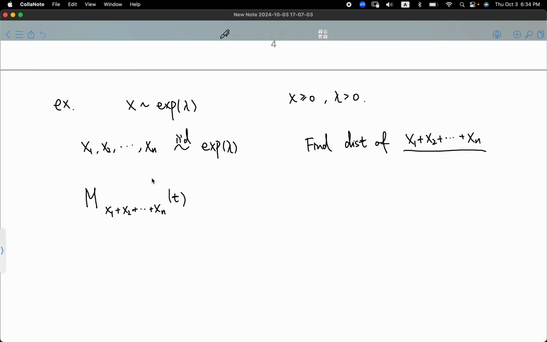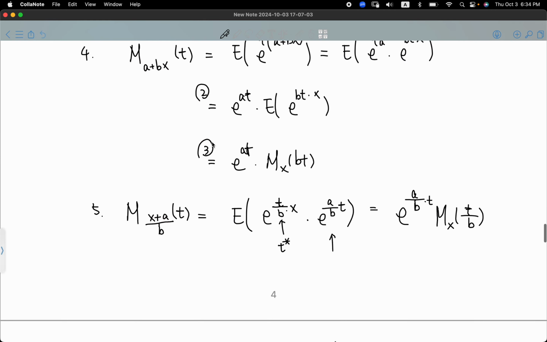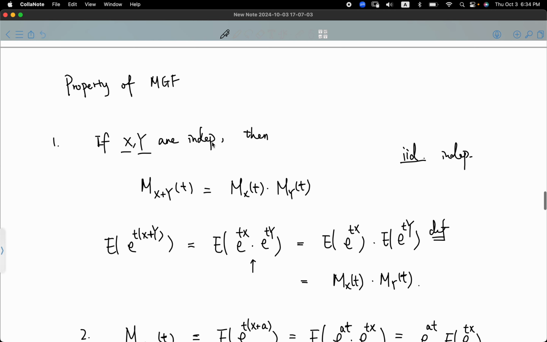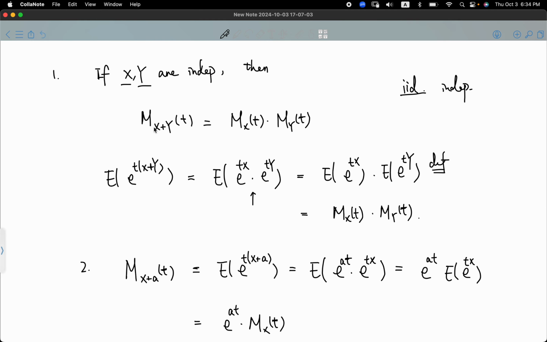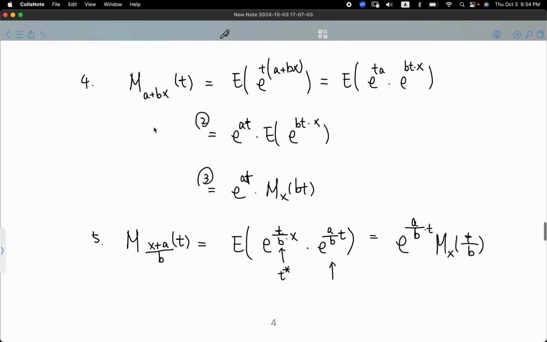Okay, so because we have the keyword independent and identically distributed, that means we are able to use property 1, because they are independent. So the moment generating function of a sum is equal to the product of the individual moment generating functions. So property 1 is the one that we are going to use.